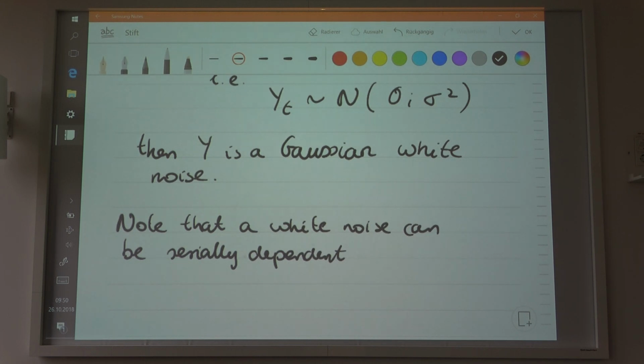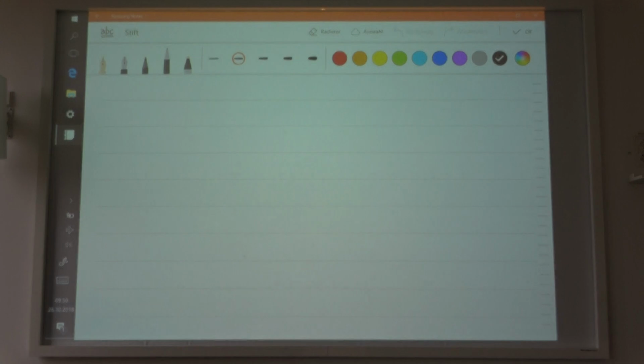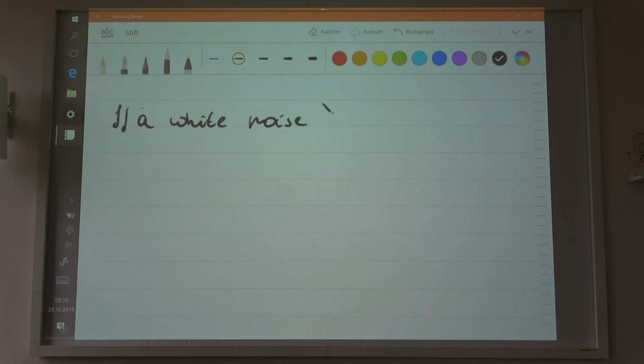Now, if the white noise is also serially independent, and I call this capital Y, then the notation is as follows.